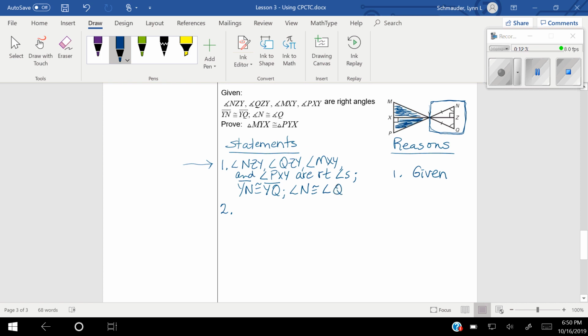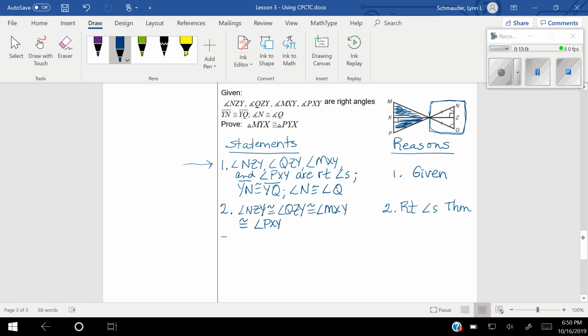I'm just going to go right in here and say all those angles are congruent. Angle NZY is congruent to angle QZY is congruent to angle MXY is congruent to angle PXY. And of course the reason I know that is because of the right angles theorem, which tells me all right angles are congruent.